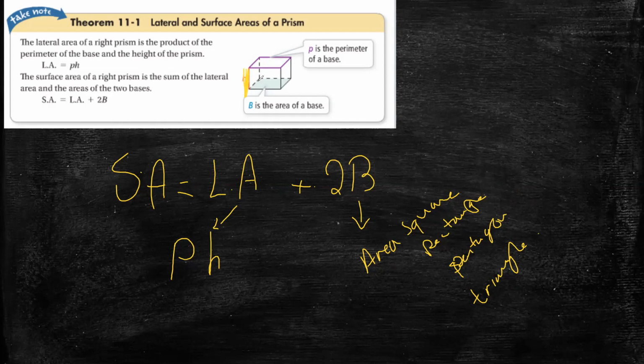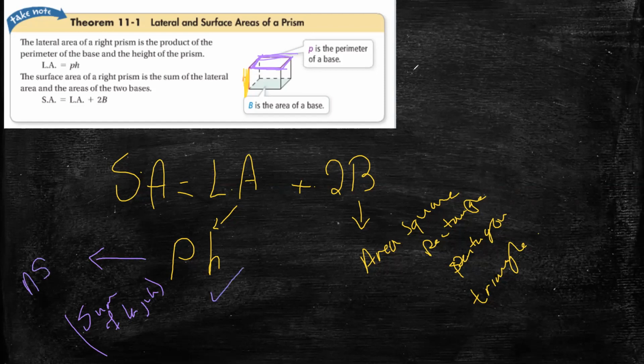Now, how can we find the height? For the perimeter, I need to find the perimeter of this shape. The perimeter is the summation of the lengths of the sides, and if the shape is regular, you just multiply n times the length of the side.